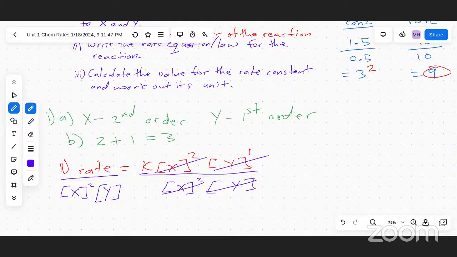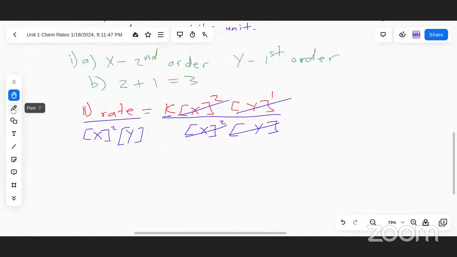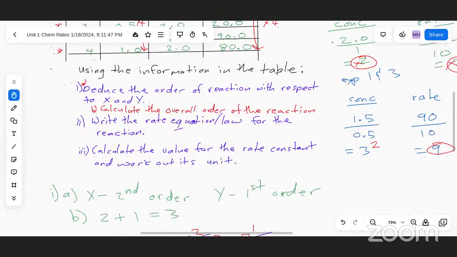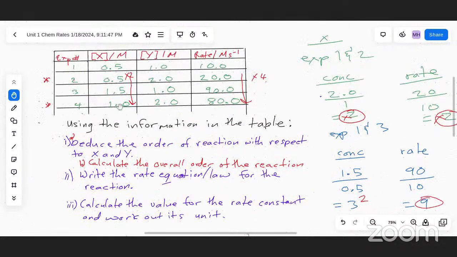I am using experiment 4. When we're doing this calculation, we pick a specific experiment from the table and use the data. So from experiment 4, the concentration of X is 1, the concentration of Y is 2, and the rate is 80.